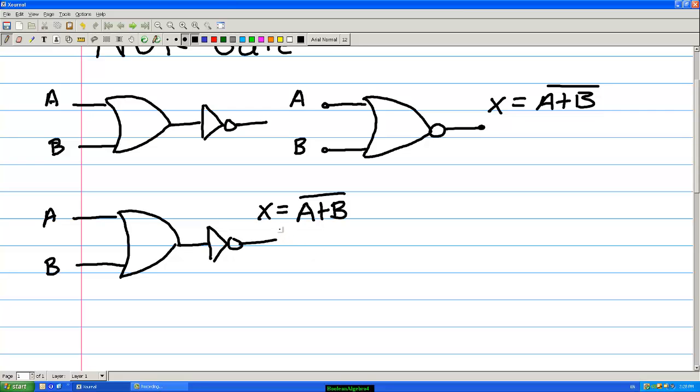Well, if we follow that with another inverter, in essence we'd have X equal to A or B, double NOT. And that just brings us back to where we were with an OR gate. So X would equal A or B. So the double NOTs cancel each other out.